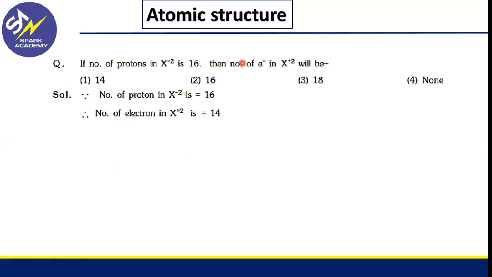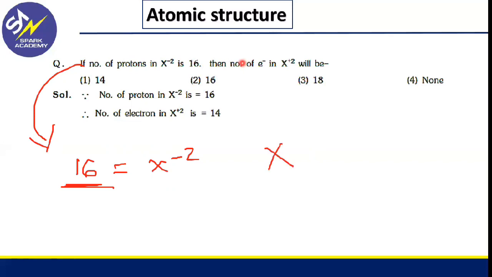Now in this question, the number of protons was 16 for X minus 2. No matter if it is X minus 2 or X plus 2, anything, the number of protons is going to remain constant. So for a neutral atom of X, the number of protons will still be 16.